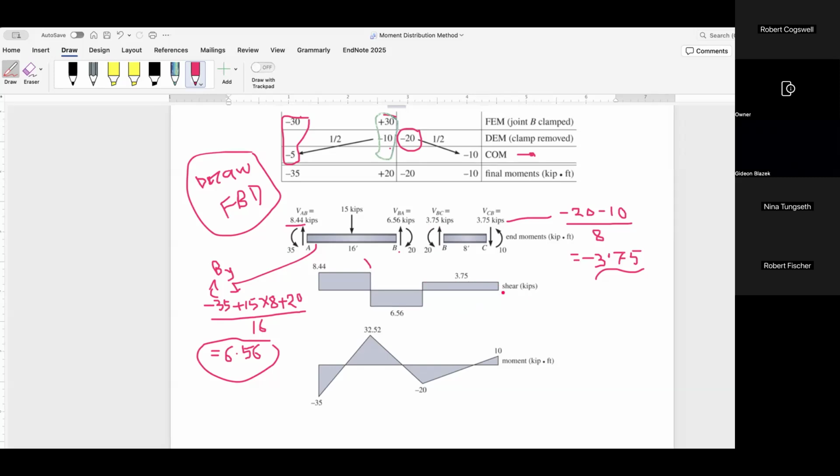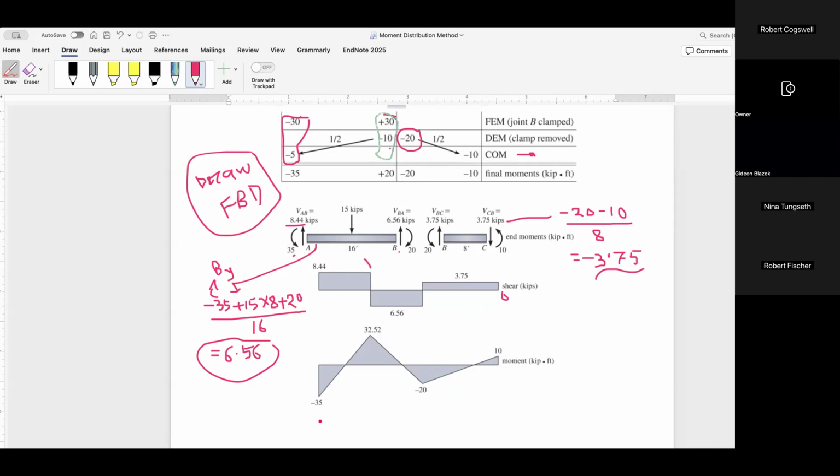And if you know your shear force diagram has 0 here, then how will you get the moment diagram? You need to start from the external moment, that one 35 here, here 10, and the rest of them come from the area of your shear force diagram.